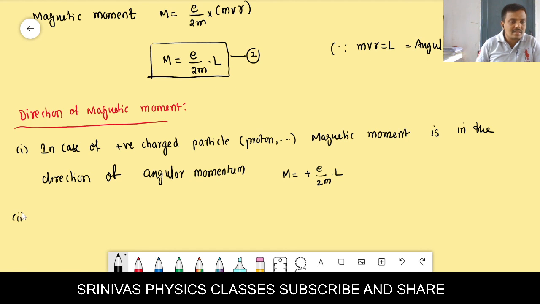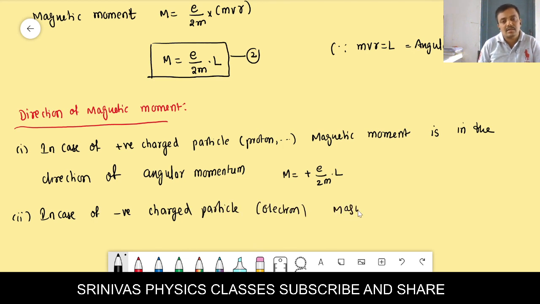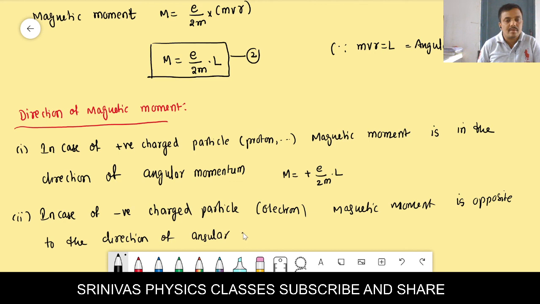Next, second point, in case of negative charged particle like electron, the magnetic moment is opposite to the direction of angular momentum.